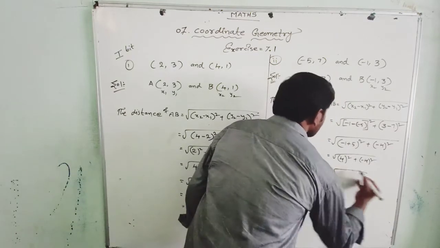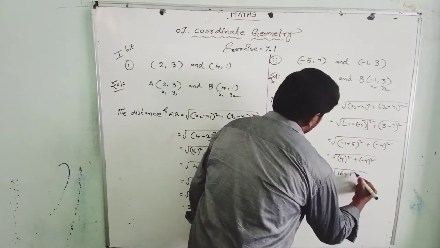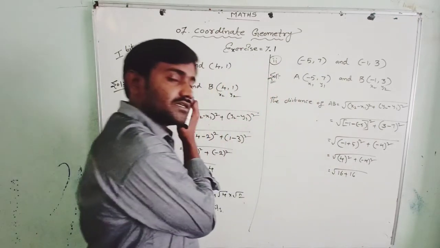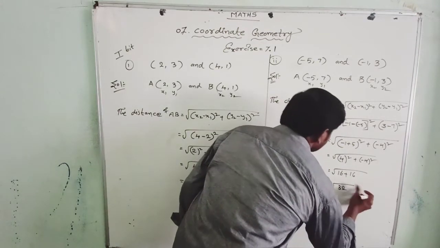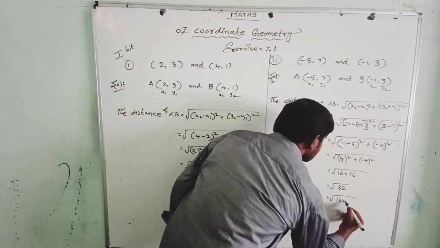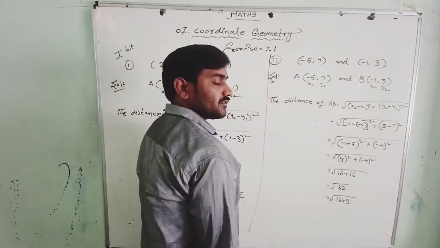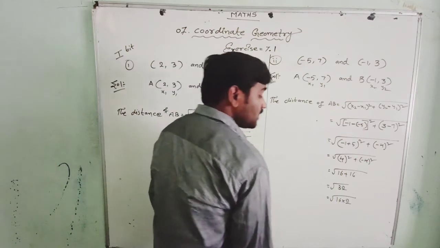As we know, the 4 square value is 16, plus this minus 4 square value also will be 16. 16 plus 16 will give us 32. The 32 can be written as 16 2s are 32.